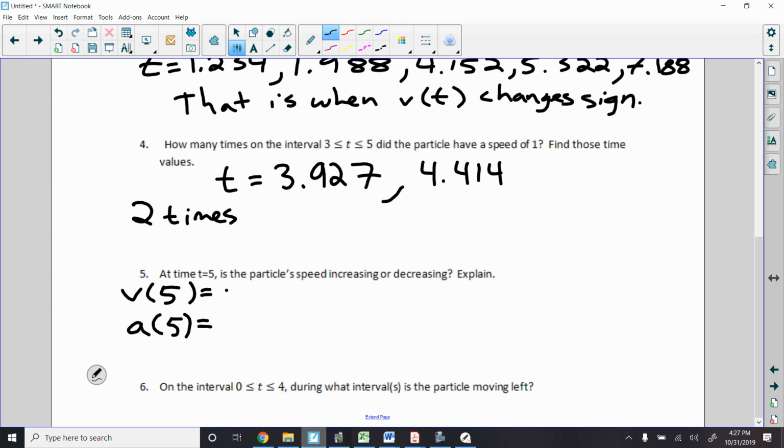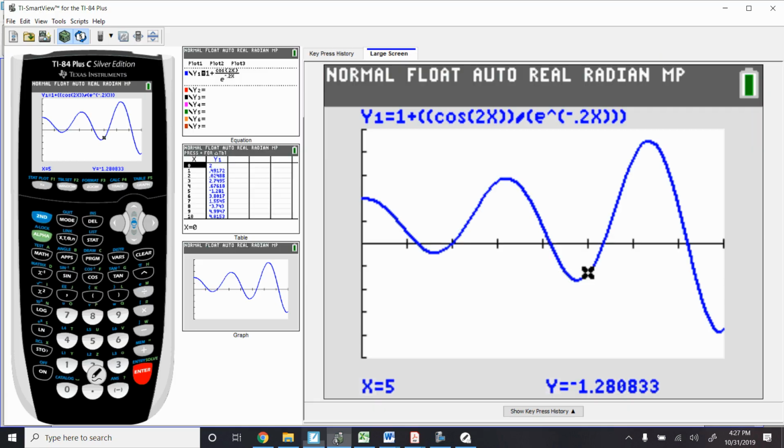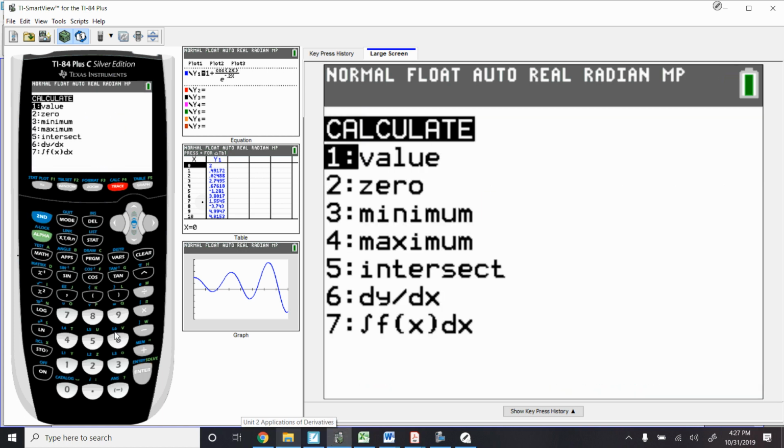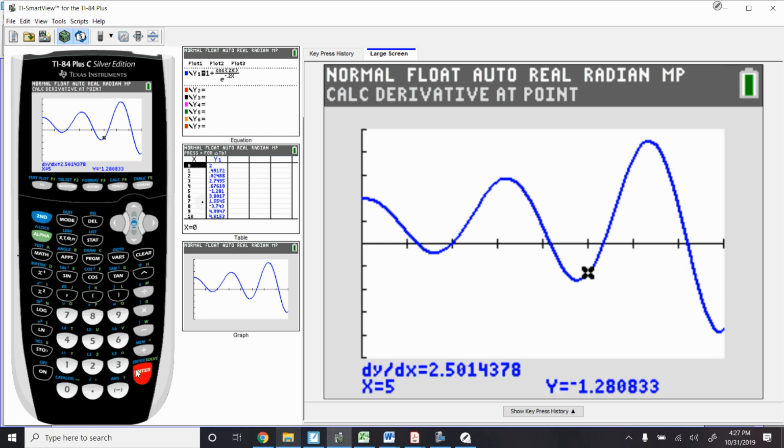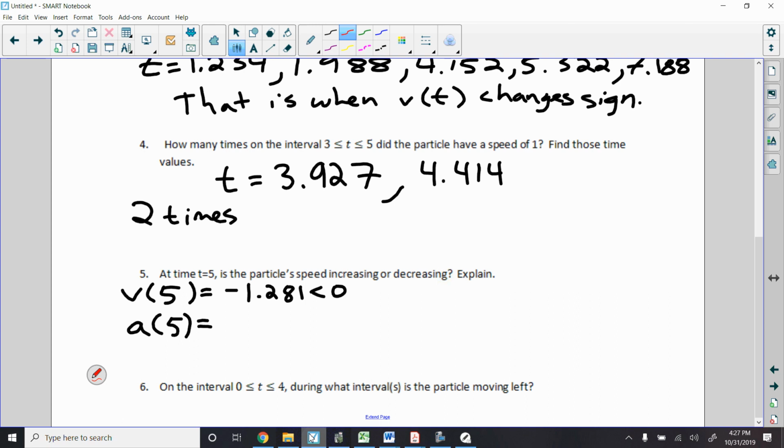I'm mostly concerned that that's a negative number. A of 5 then, I'm going to do the derivative at 5. I'll do second calc 6 for dy/dx, and I want to do that at 5. And my dy/dx is 2.501, which I know is greater than 0.